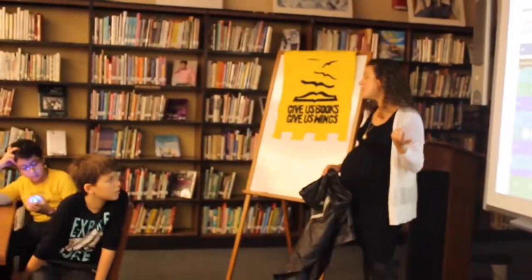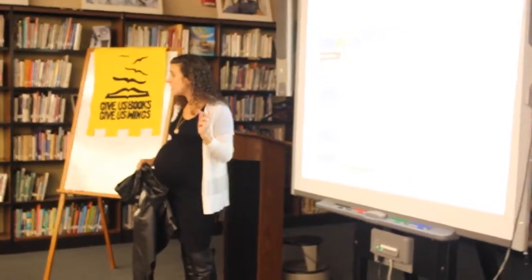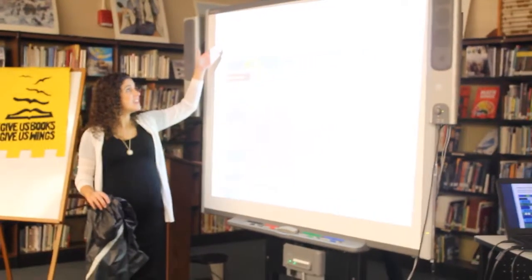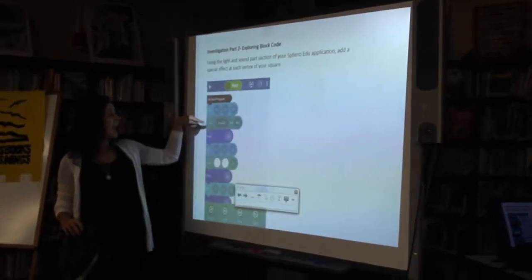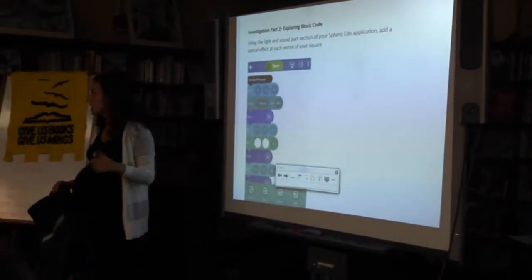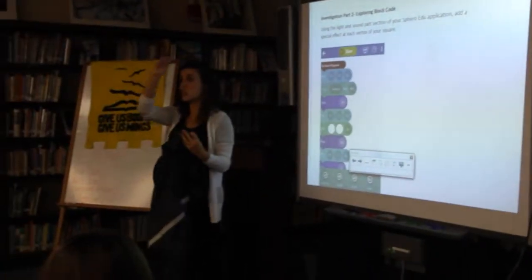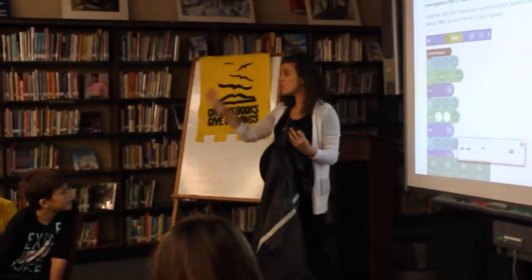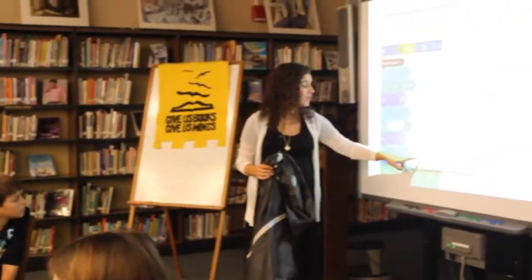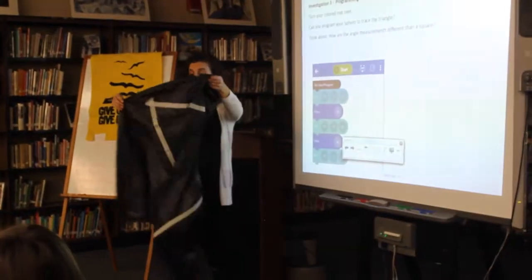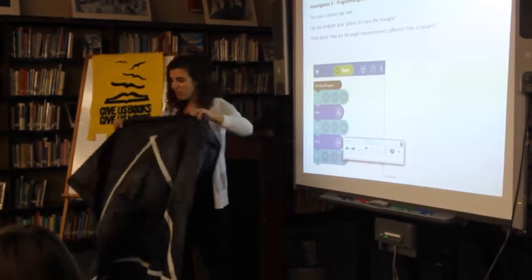Now, if you're able to make a square, I have a second investigation. Using the light and sound part, so light and sound is here, add a special effect at each vertex. The vertex is the corners of our square. That's something you're going to explore totally on your own. If you finish this early, on the other side of your mat is a triangle.